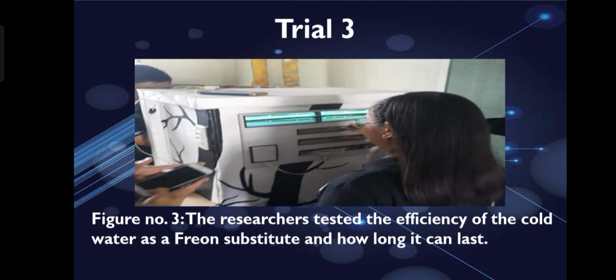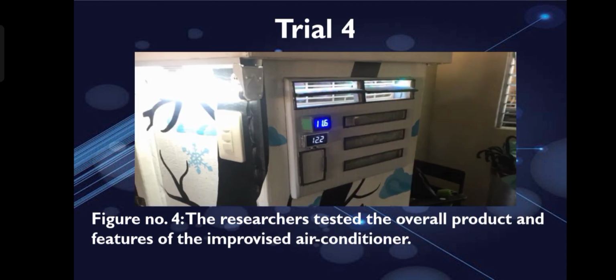In this figure, the researchers tested the efficiency of the cold water as Freon substitute and how long it can last. In trial 4, the research tested the overall product and features of the improvised air conditioner.